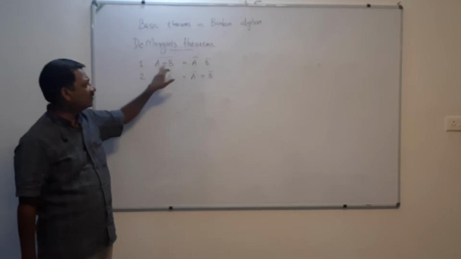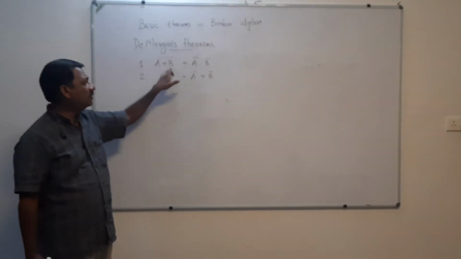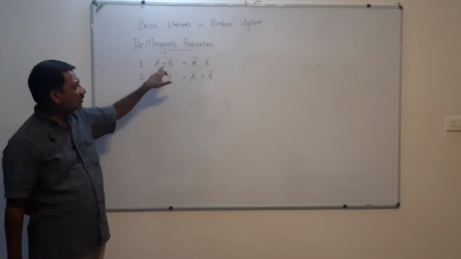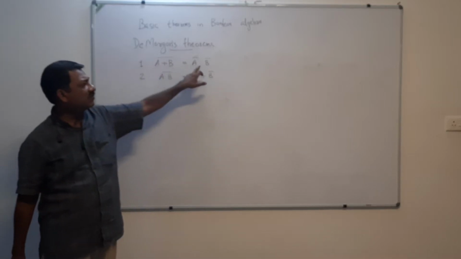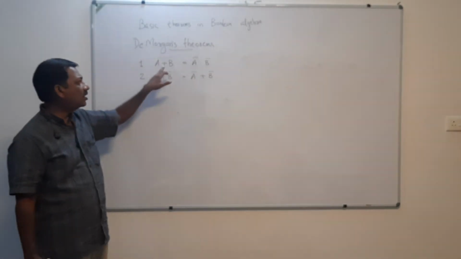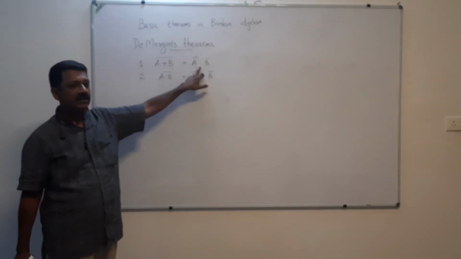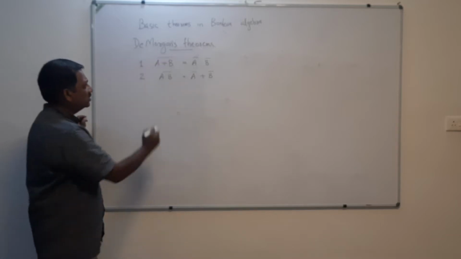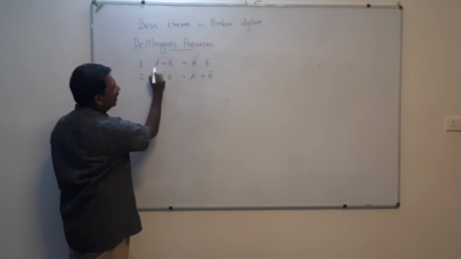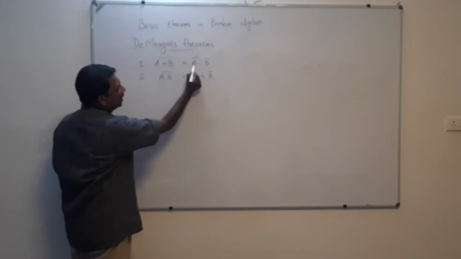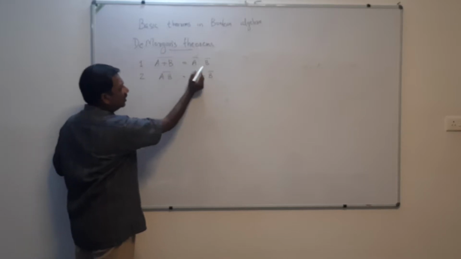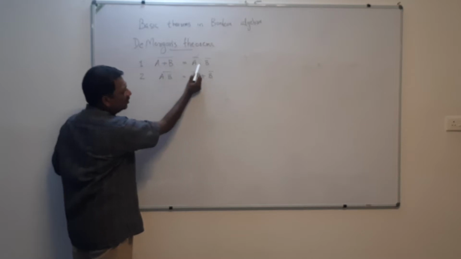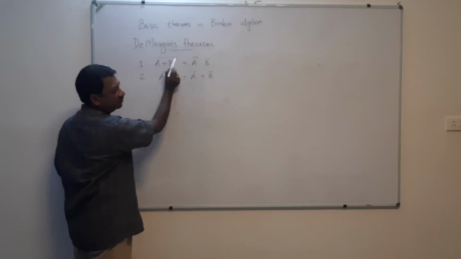Then this OR is replaced with AND, and we have negated the whole thing. Here the OR operation of plus is replaced by dot and you have removed this bar.